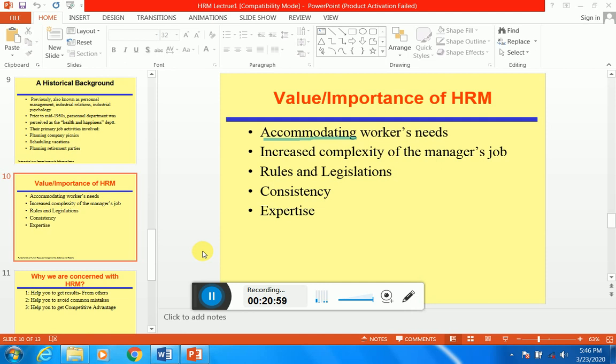After that, we have the last important point, that is expertise. Nowadays, there exist sophisticated personnel activities that require special expertise.